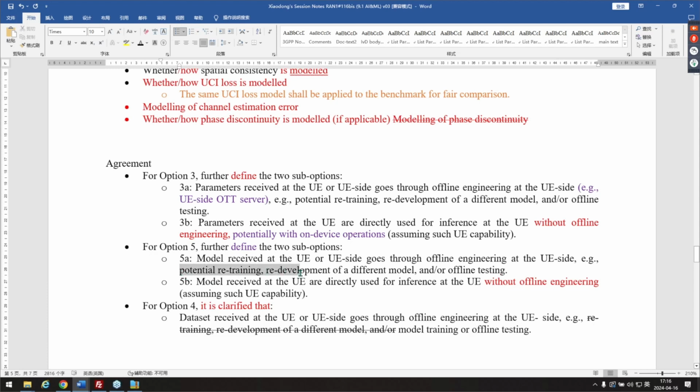So now a different comment. If you look at option 3B, there is a purple text, potentially with on-device operations. So that should be copy pasted into option 5B.